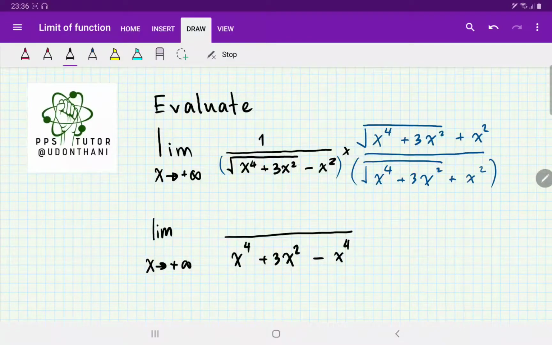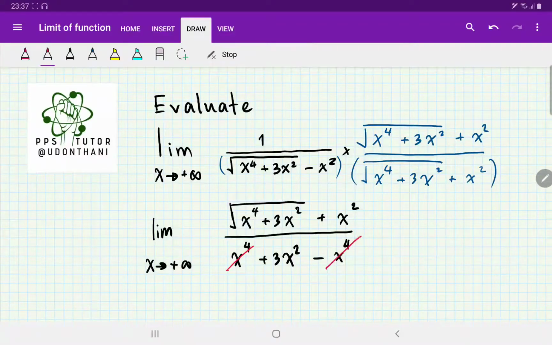The numerator is 1 times the square root of x power 4 plus 3x power 2, plus x power 2 again. Look at the denominator: we can cancel out the x power 4 and x power 4.